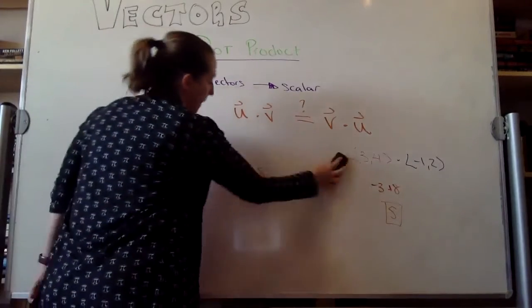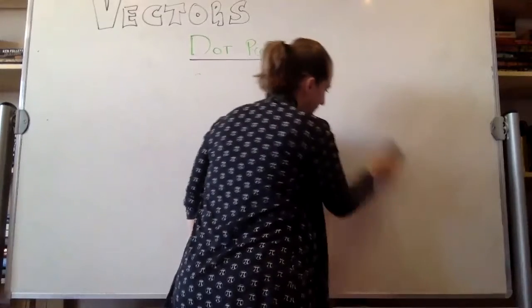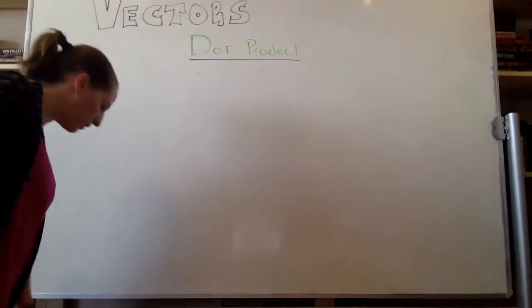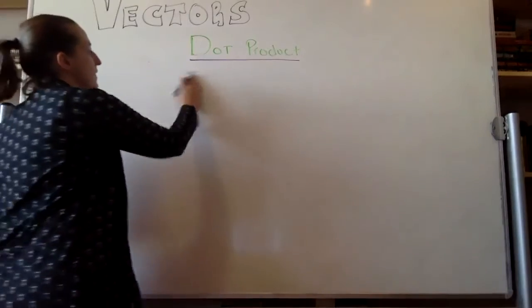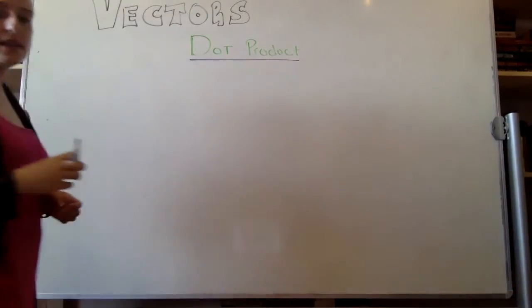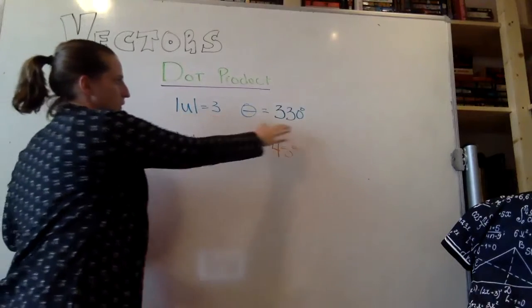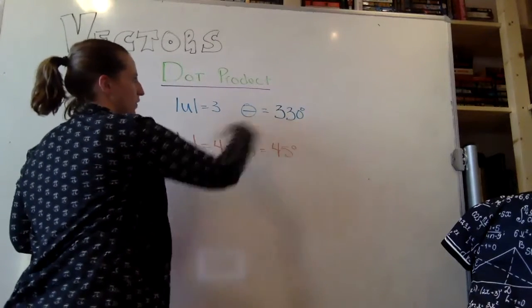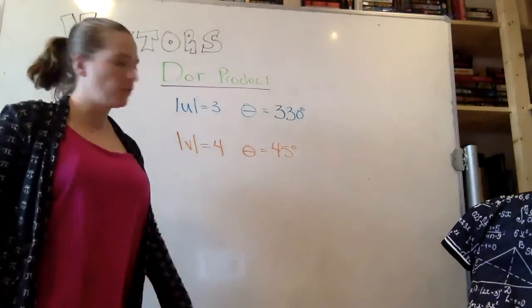But we don't always have vectors in their horizontal and vertical components. Sometimes we have vectors in terms of their magnitude and their direction. Here we have a vector with magnitude 3 and direction angle 330 degrees, and one with magnitude 4 and direction angle 45 degrees.